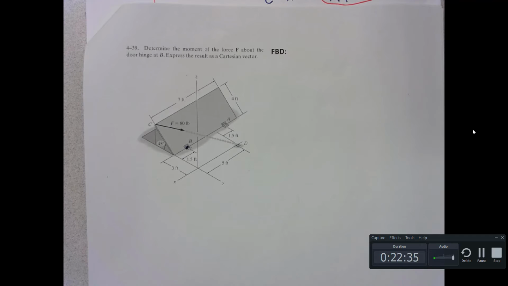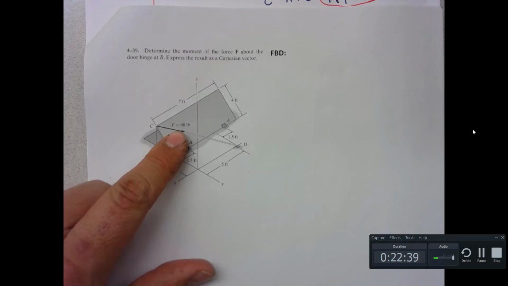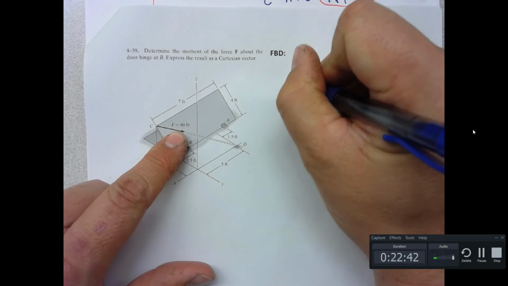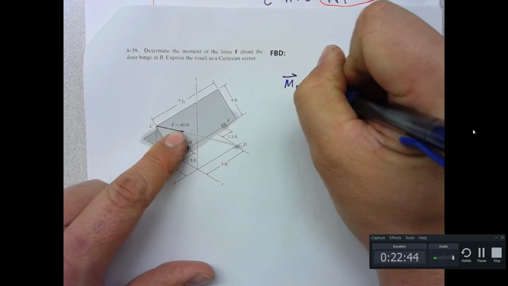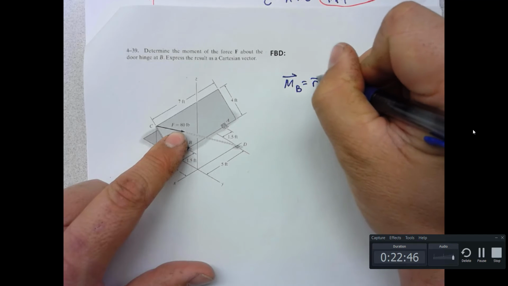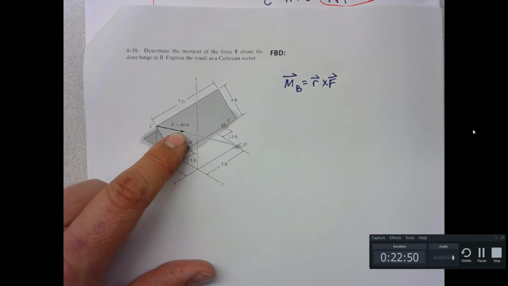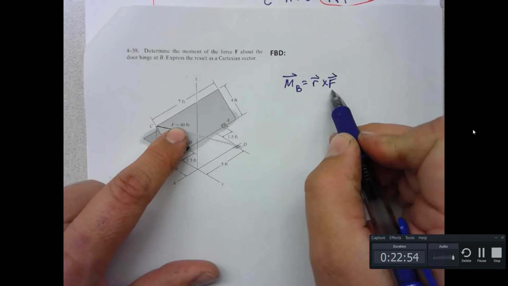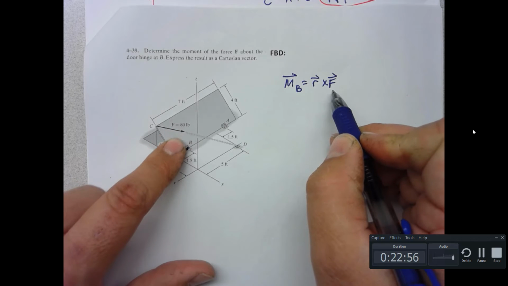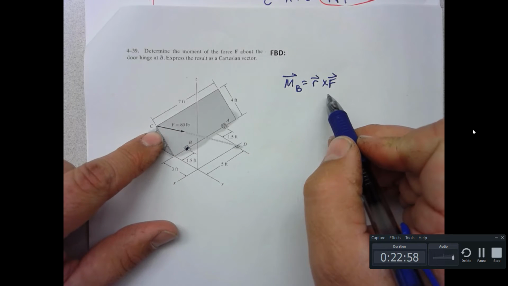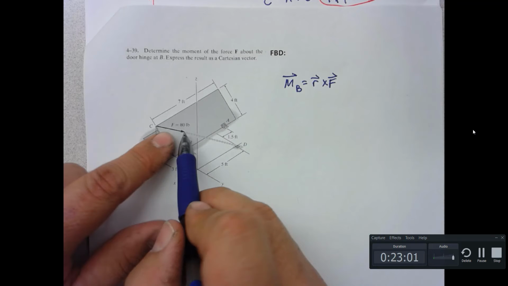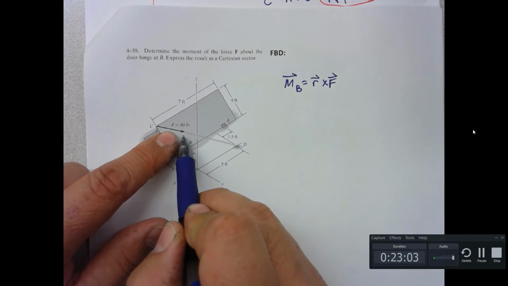I'm going to lay out what needs to happen, and then I'm going to leave you to do it. Okay? So we have a force of 80 pounds. When I say that the moment about B is equal to r cross F, can I just use 80 pounds? No. How would I find the vector F? Close. So I know the magnitude of the force is 80 pounds. How would I give it direction?